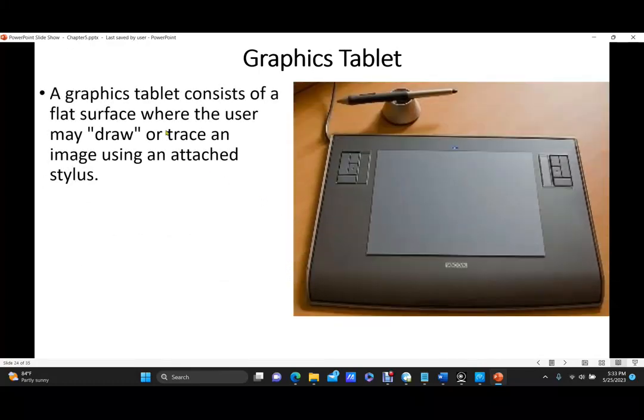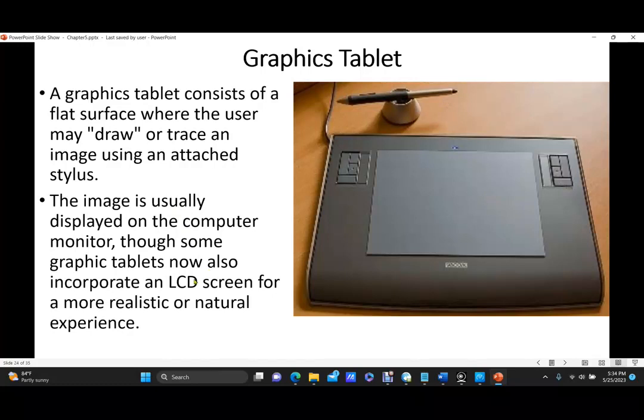A graphics tablet consists of a flat surface where the user can draw or trace an image with an attached stylus. The image is usually displayed on the computer monitor, although some graphic tablets incorporate LCD screens for a more realistic or natural experience.